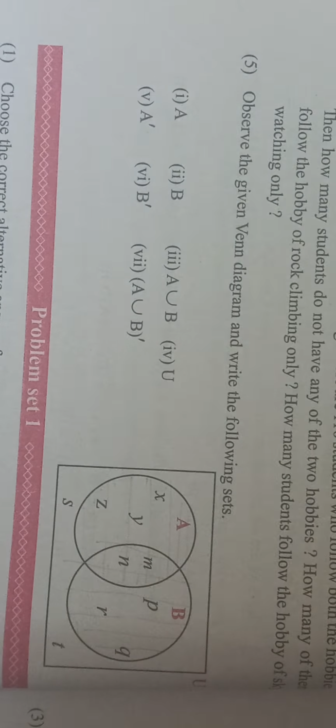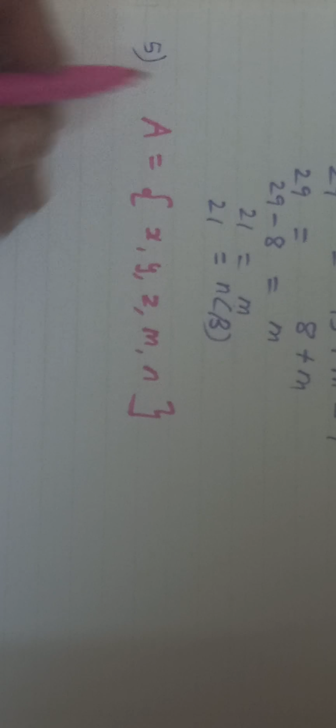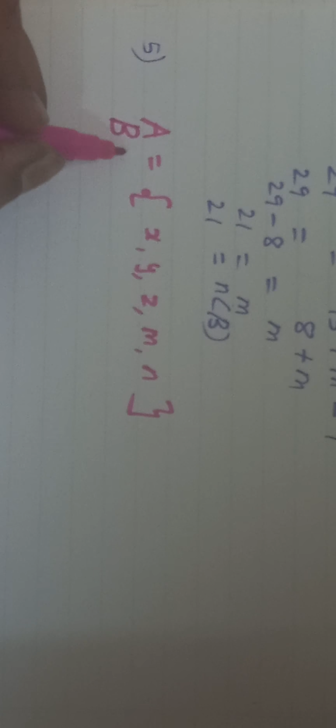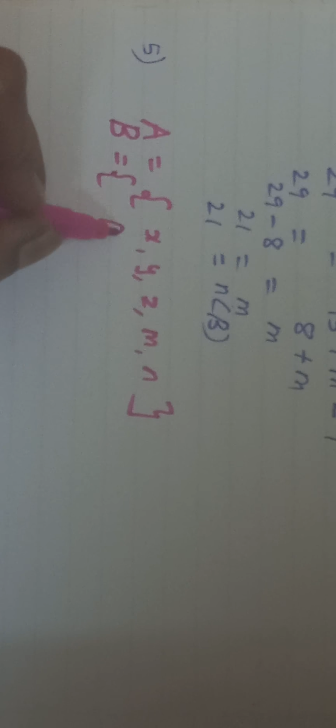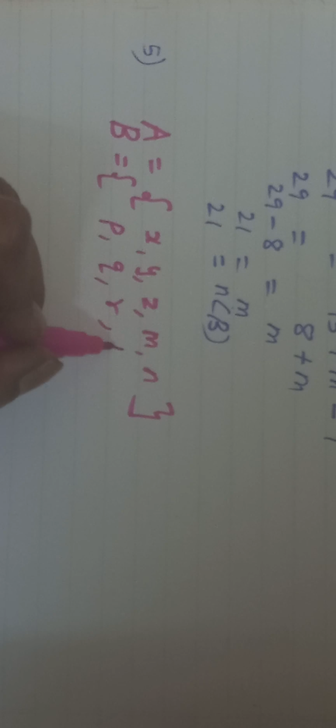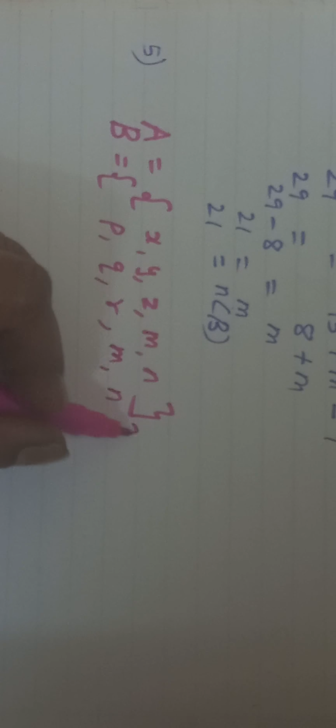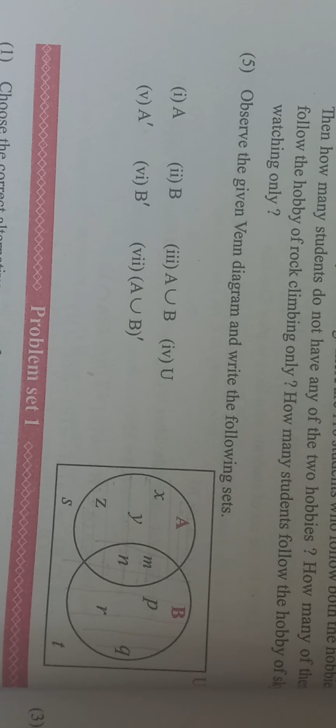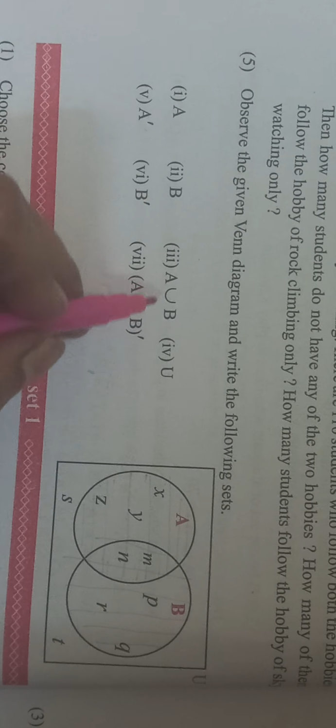So P, Q, R, M, N are elements of set B, which we will write: B is equal to P, Q, R, M, N.